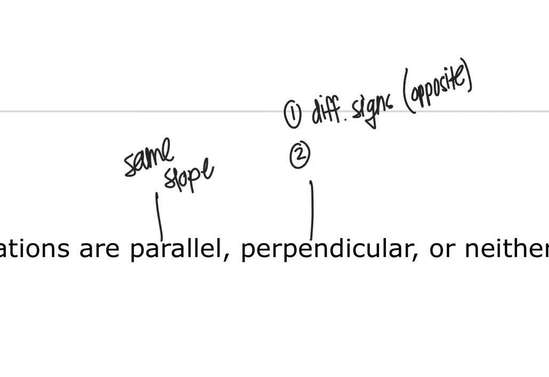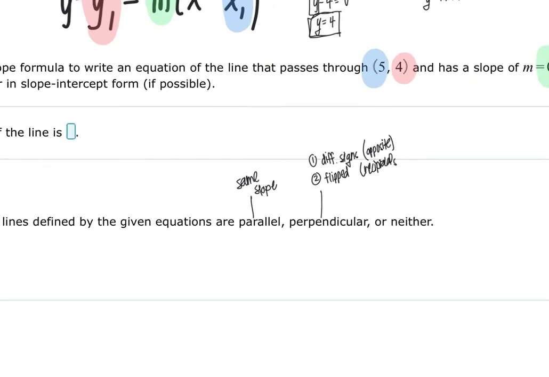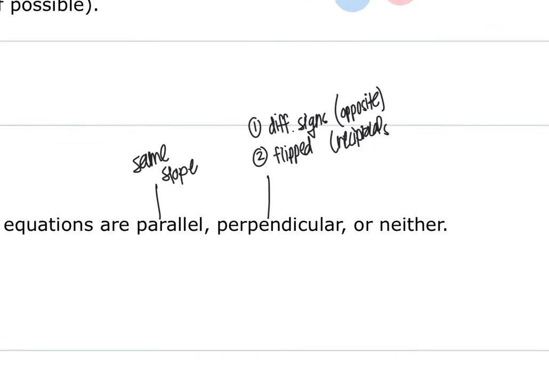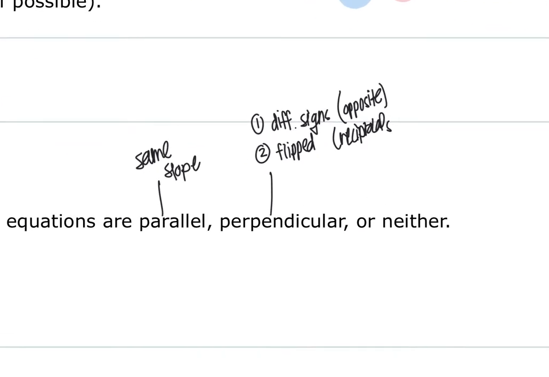And they also have to be reciprocals, or they have to be flipped. And again, in the textbook, you would see that written as reciprocals. And then neither is if they're neither parallel nor perpendicular.